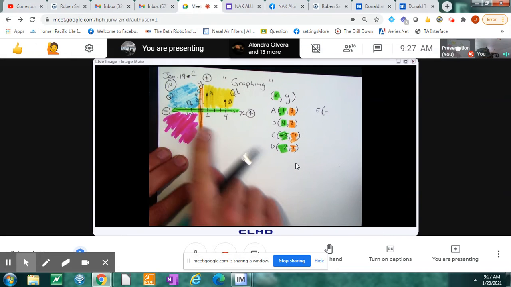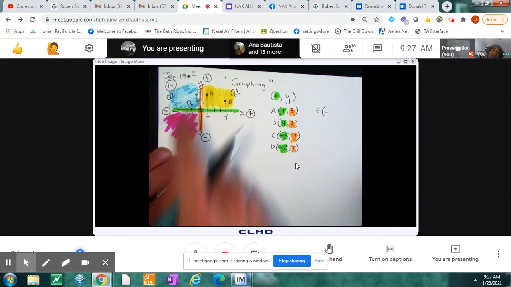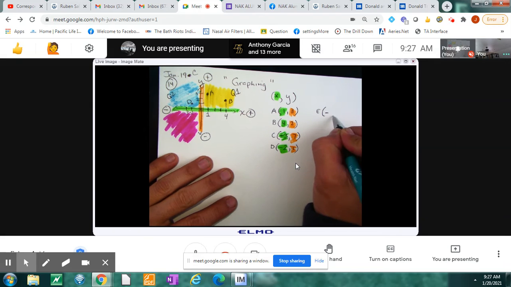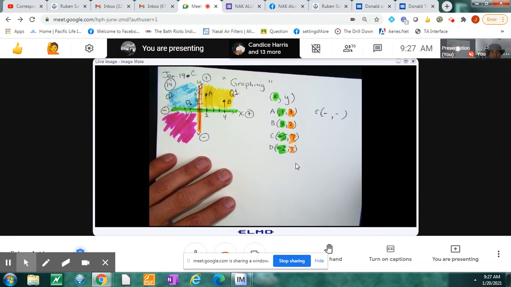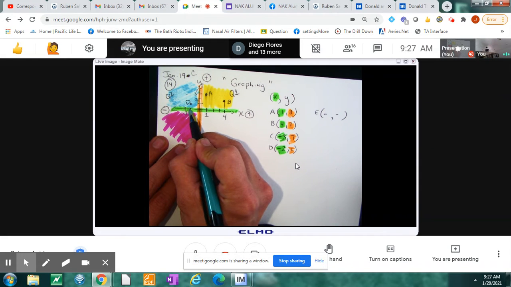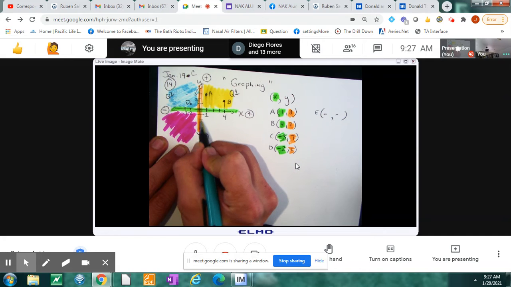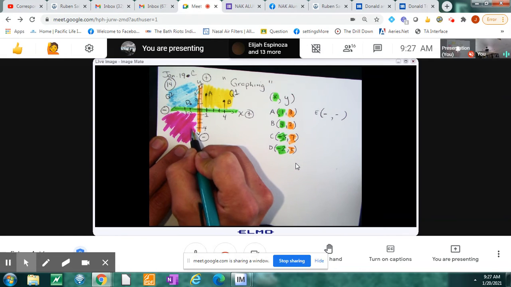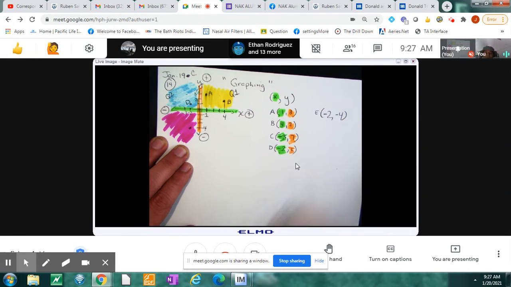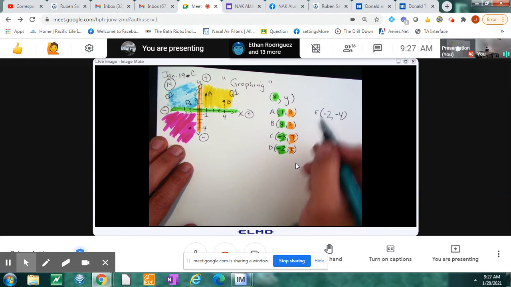But instead of going up, you're going to go to the bottom, which is negative. So you're going to have a negative and a negative. That's quadrant 3. Let's pick -2, and then 1, 2, 3, 4, -4. So that's going to be right there, (-2, -4). That's going to be your E.